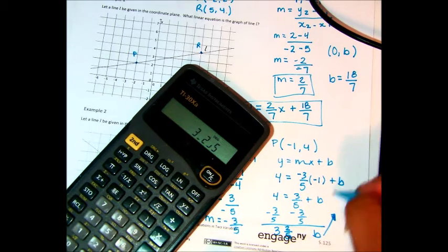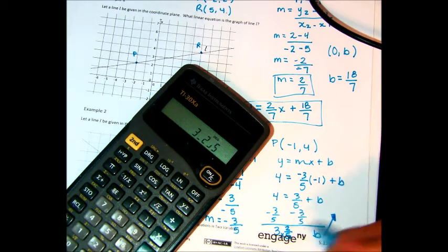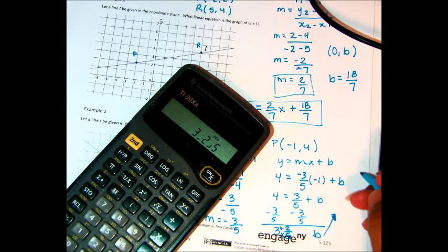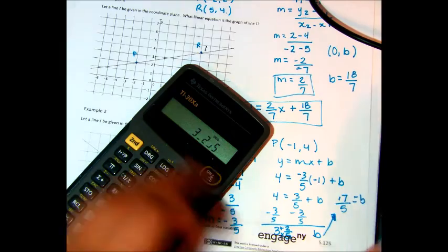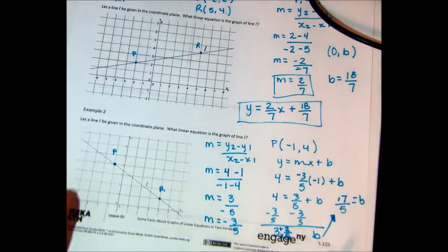My footer's getting in the way, so I'm going to come up. So 15, 5 times 3 is 15, plus 2 is 17. So B equals 17 over 5.